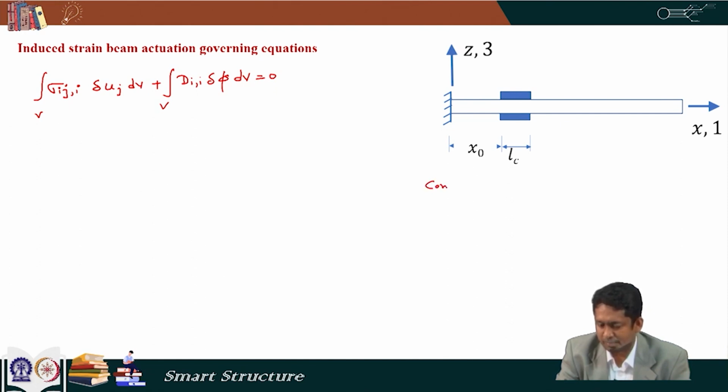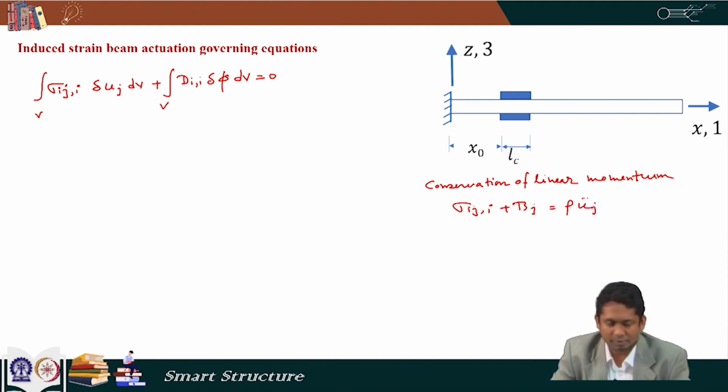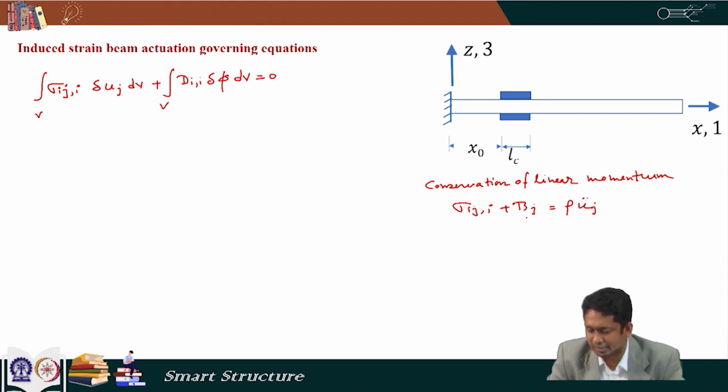So, from the conservation of linear momentum that we saw before, we have sigma ij comma i plus bj, any body force, and that is equal to rho uj double dot. Now, here bj is the body force.